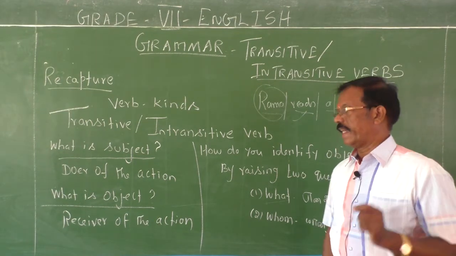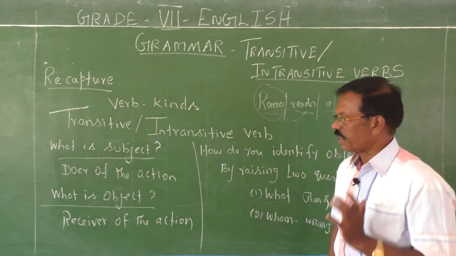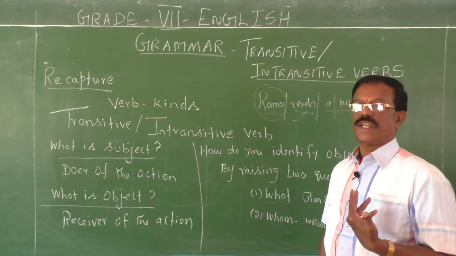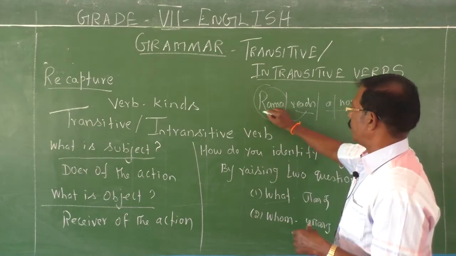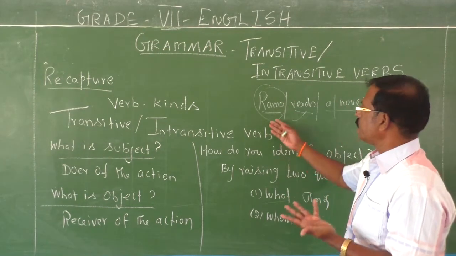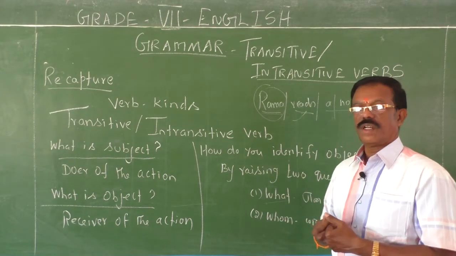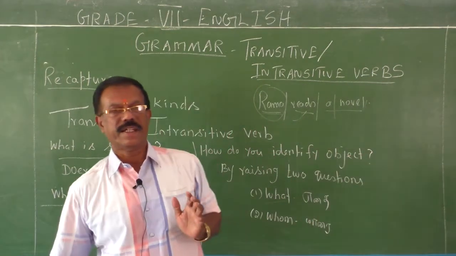Okay children, next come to the object. What's an object? What's the function of an object? How can we identify an object in a sentence? Mostly all statements begin with the subject. So you can easily identify the subject. But what is the object? How can we identify? Object is the receiver of the action.